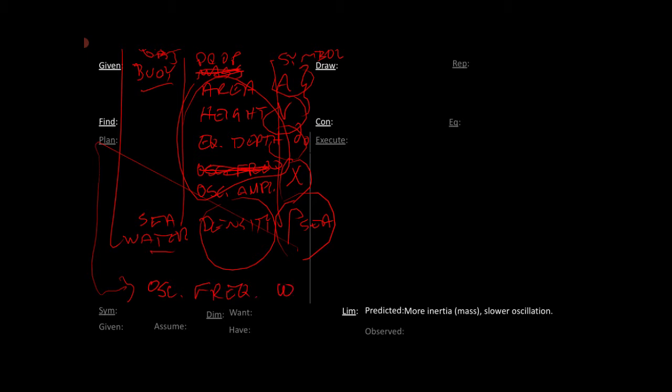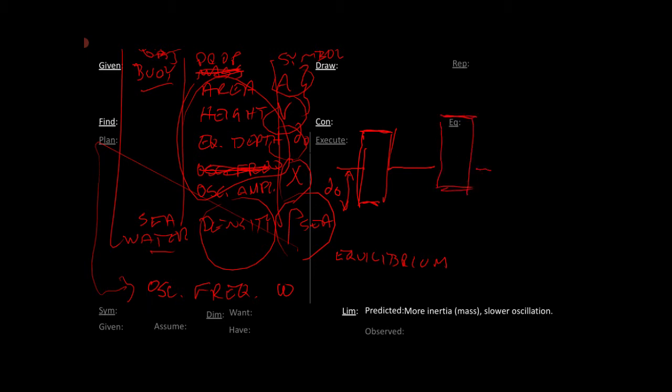Then we want to find the oscillation frequency, omega. Let's draw this. So we've got two situations that are of interest. We have the equilibrium state, where we have this draft D0. Okay. And then we have a state where we've maybe pulled this up a little bit. All right.